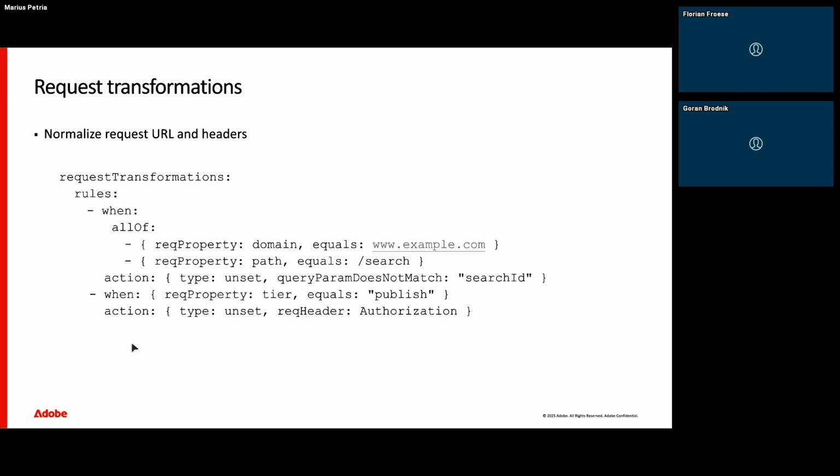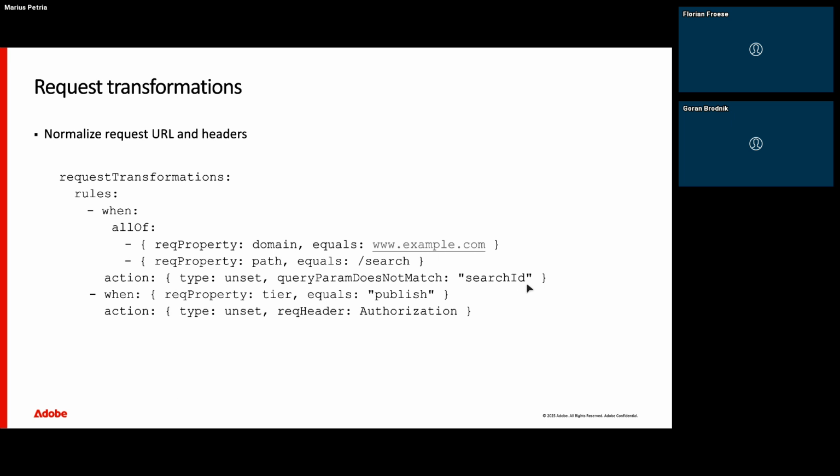Here is the first time you'd see what a rule looks like. This one is a request transformation that has a when condition, and it matches if the domain is www.example.com and the path is search, and the action is to unset all the query parameters that are not matching search ID.